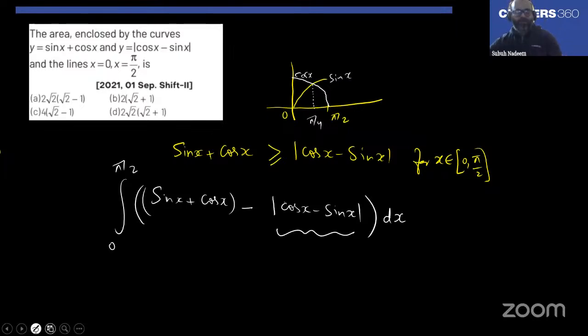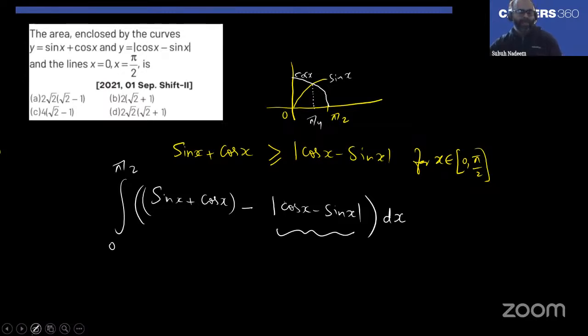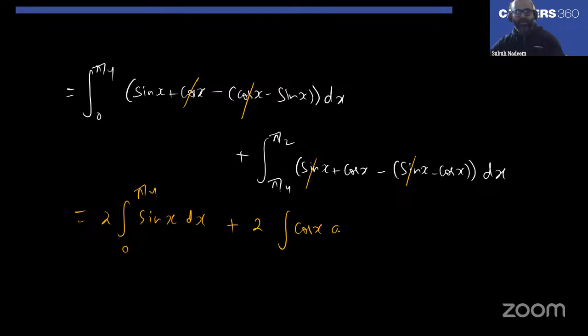Okay. Now if we further calculate, this is equal to, here cos x cancels and it becomes 2 times sin x from 0 to pi by 4. Here sin x cancels and it becomes 2 times cos x from pi by 4 to pi by 2.